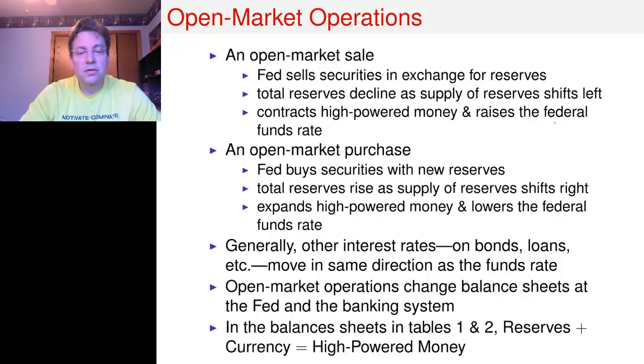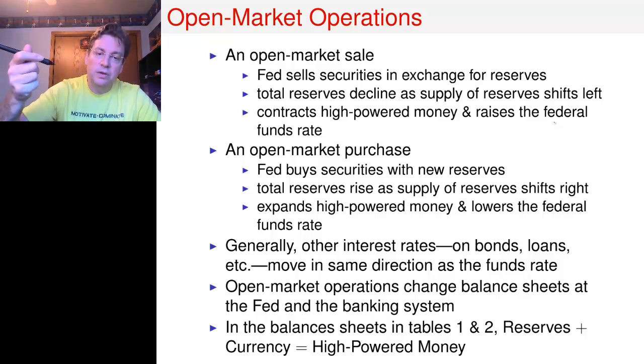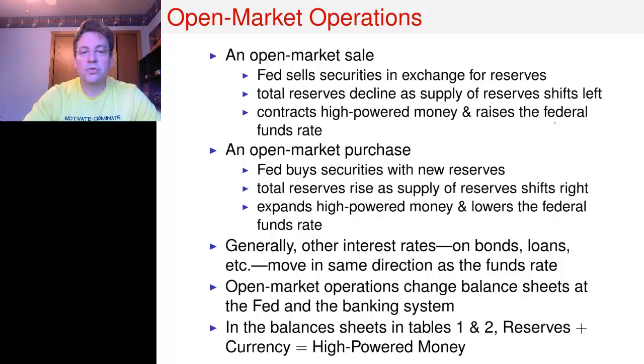So when the Fed raises the federal funds rate by doing an open market sale, that tends to shift up all interest rates in the economy. But open market operations also change the balance sheets at the Fed and in the banking system.